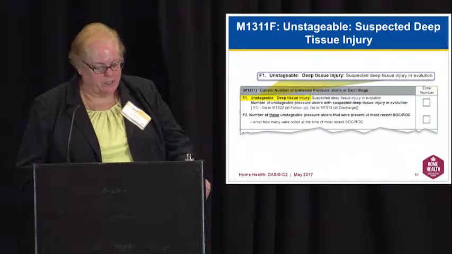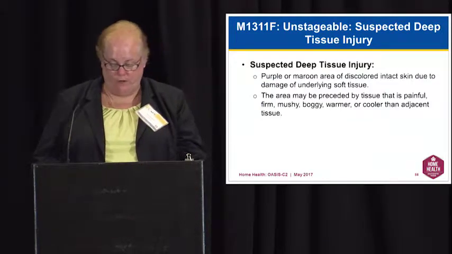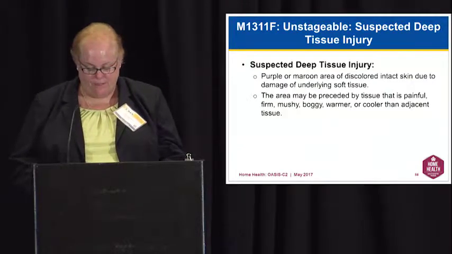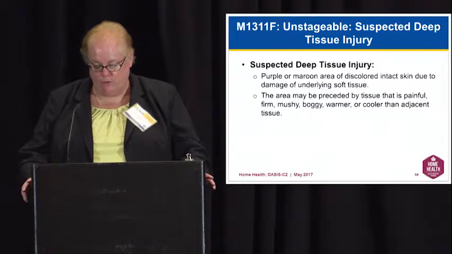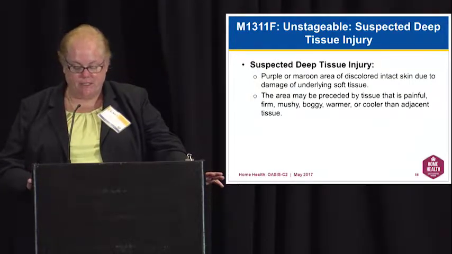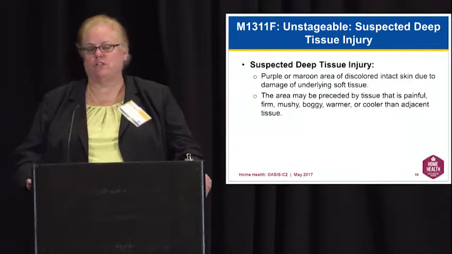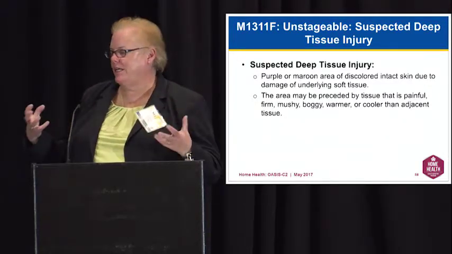And then we have unstageable suspected deep tissue injury, and here what we're looking for can be difficult to detect. We're looking for purple or maroon areas of discolored intact skin due to damage of underlying soft tissue. As I told you, one of the easiest ones, and the one that we see most often, is on the heels.